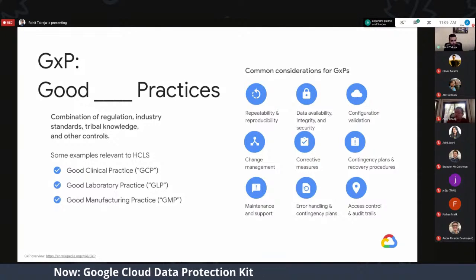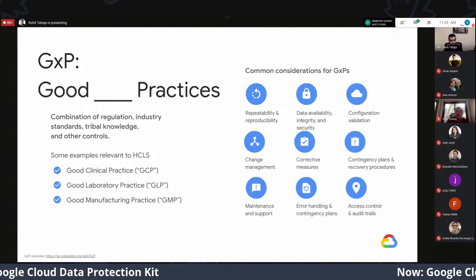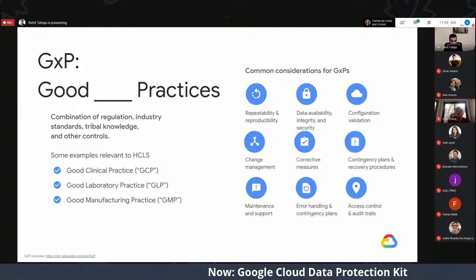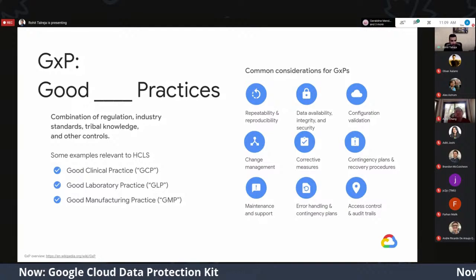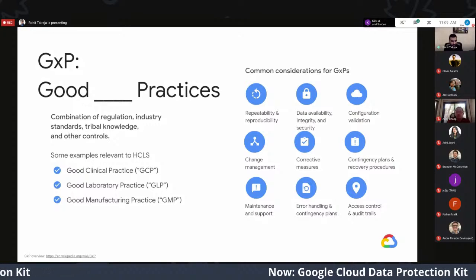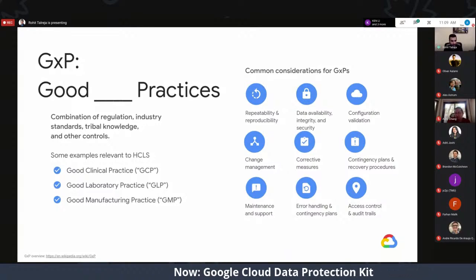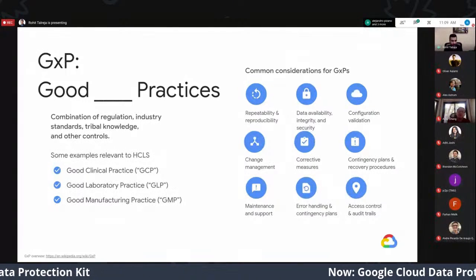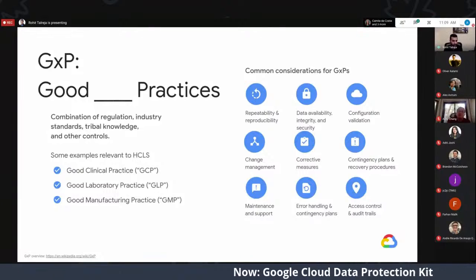When they say good practices, it's a combination of regulation, such as from the Food and Drug Administration in the US or similar regulatory bodies worldwide, industry standards, knowledge specific to the organization, or other controls as a catch-all to make sure that data is treated appropriately.